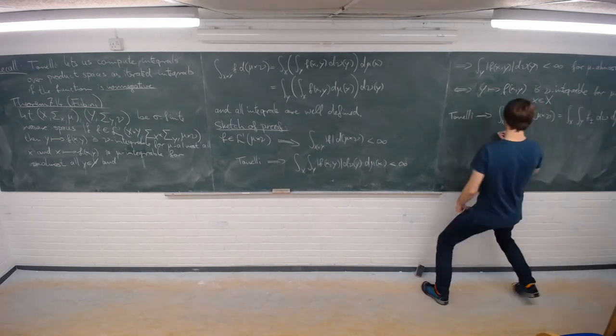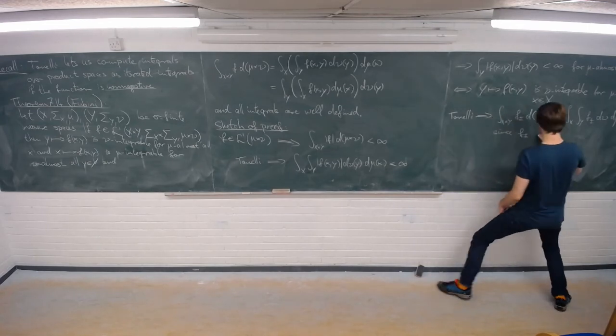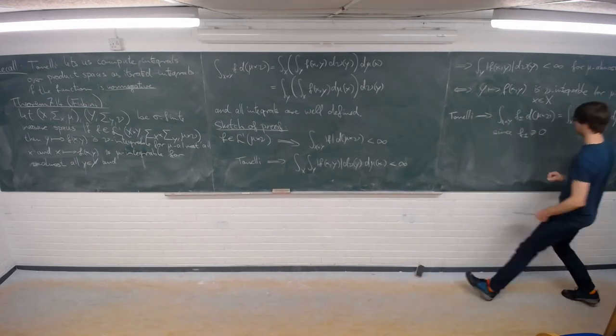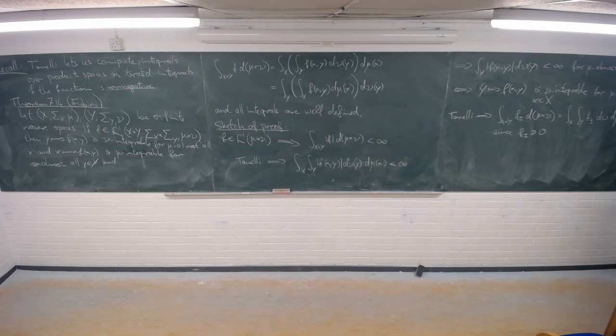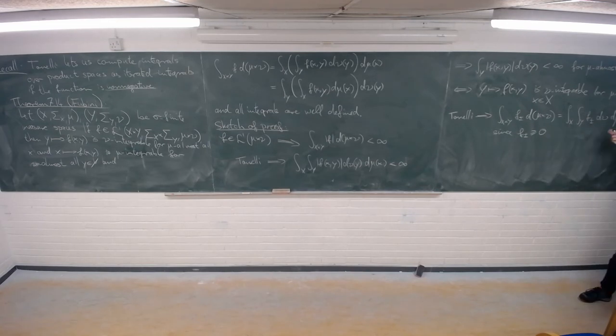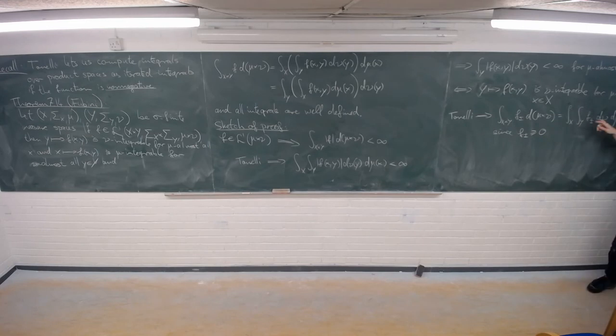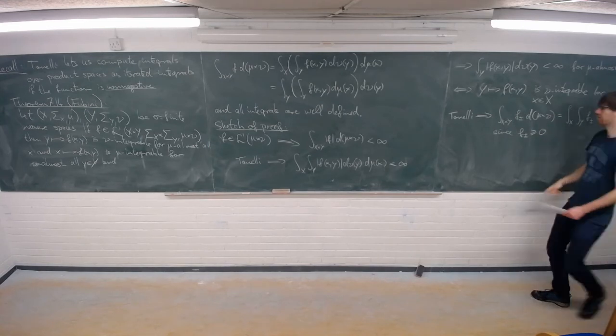I write this down because f plus minus are non-negative. So this formula holds for f plus and f minus, and then we just subtract f minus from f plus, and we get this formula for f.